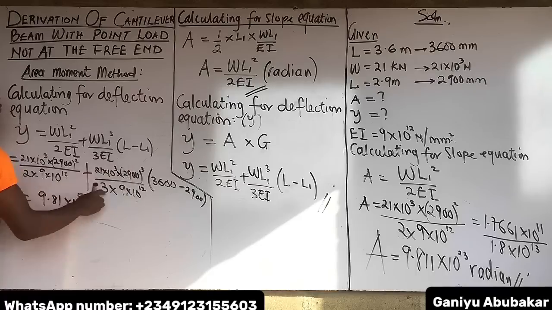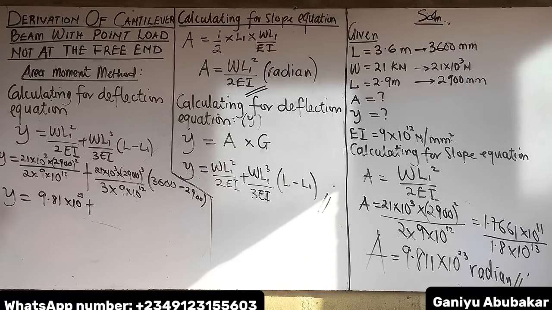So plus, let's get this one done. So let's get the answer to this one here. 21 times 10 to the power 3 multiplied by 2900 to the power 3, divided by 3 times 9 times 10 to the power 12.